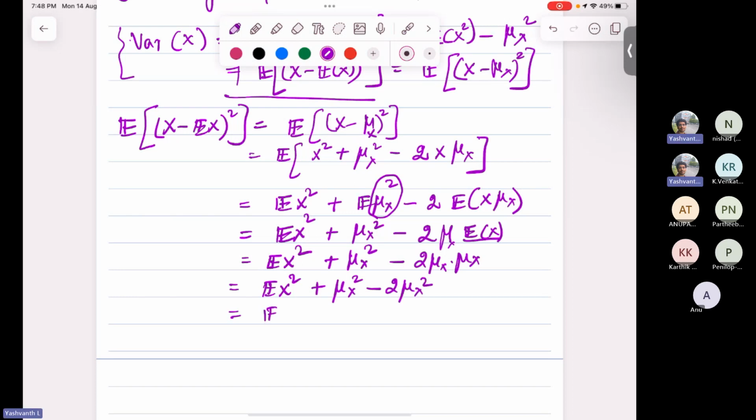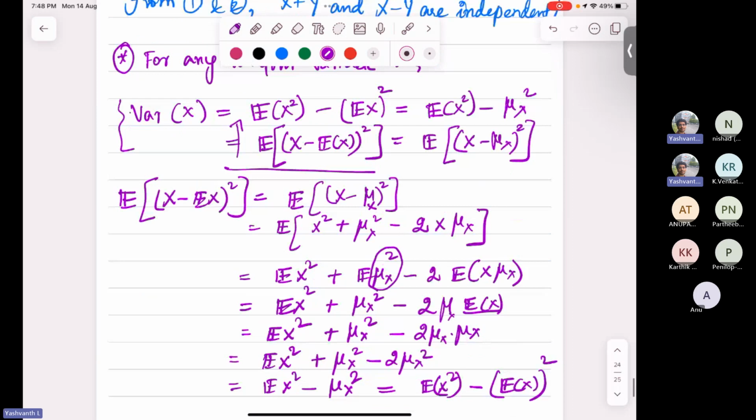Same as expectation of x square minus mu x square, which is same as expectation of x square minus expectation of x the whole square, which is same as whatever I wrote here. So all definitions are synonymous and just the same. In which context you want to use which expression, so that you can easily simplify your answers, that only depends.